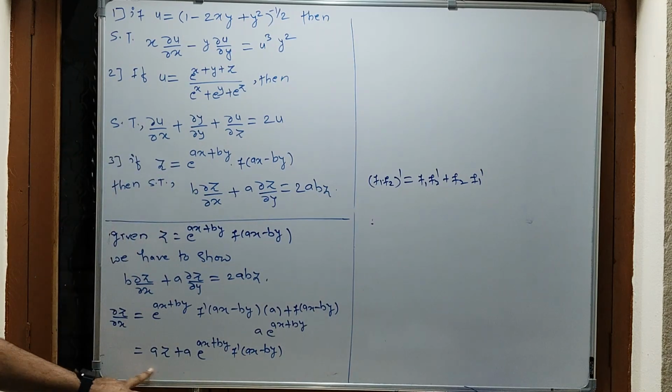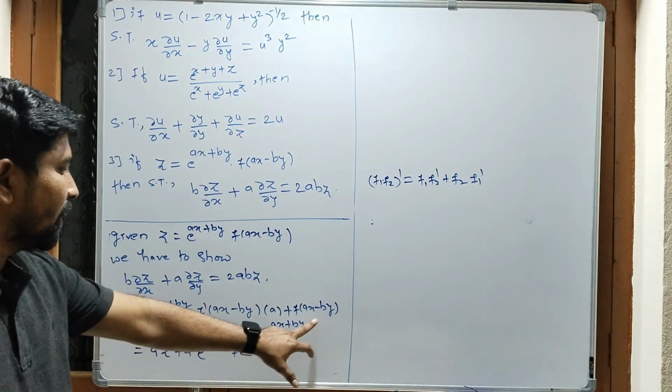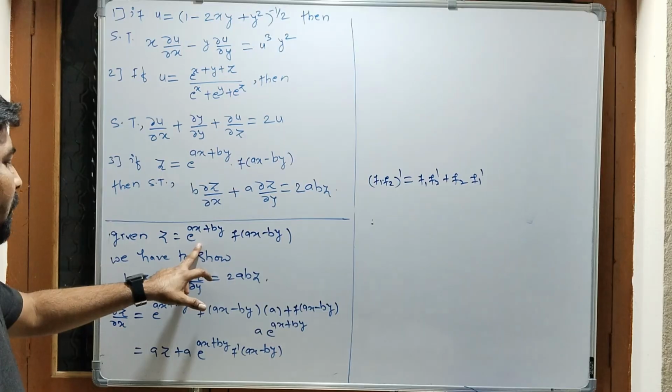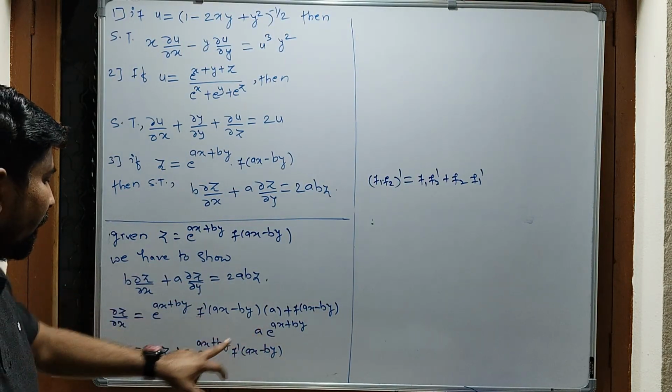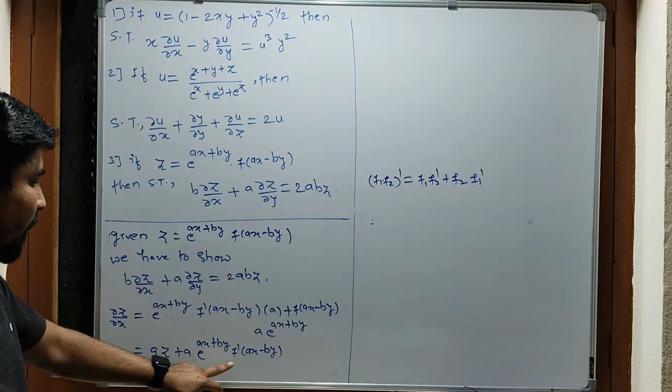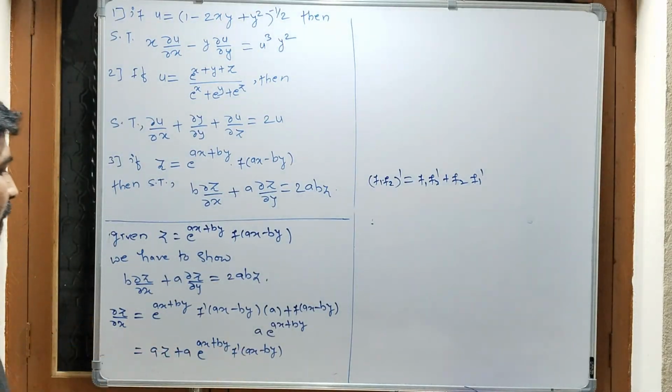So from here to here, this is my z, and this is my a e to the power ax plus by, f dash of ax minus by.